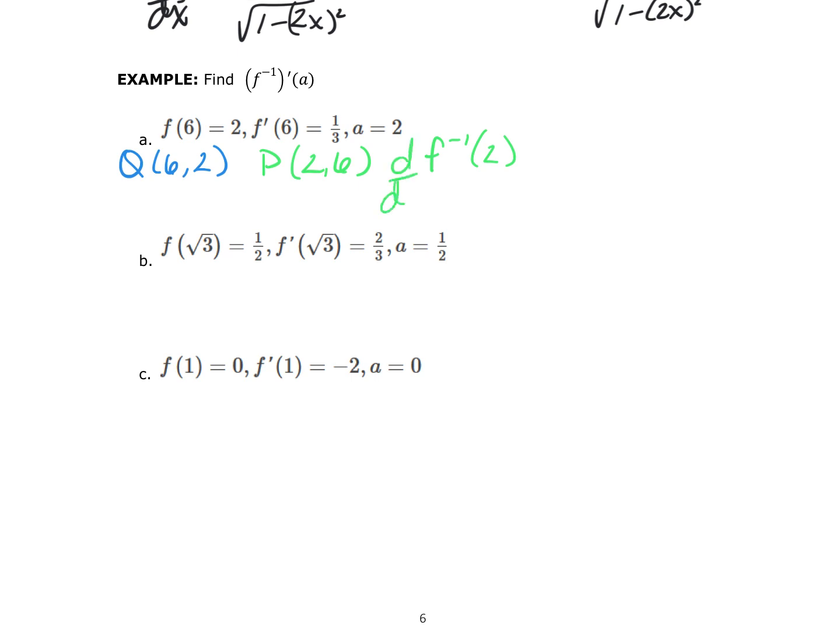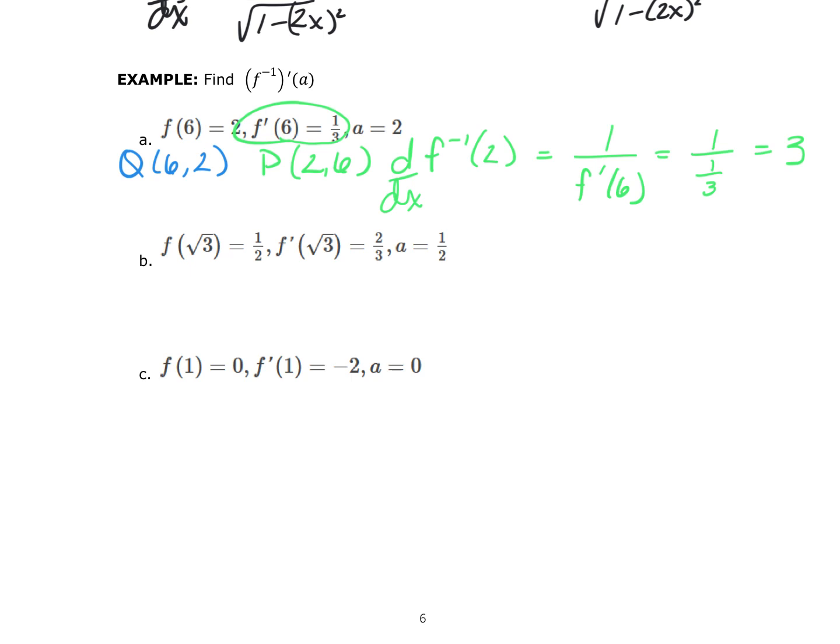We know that this is going to be 1 over f prime of 6. And they give this to me. That's this. So this is going to be equal to 1 over 1/3. And so in other words, the answer is 3. So I didn't even have to do any work on this. I just have to figure out what it is that they're giving me and parse it out.